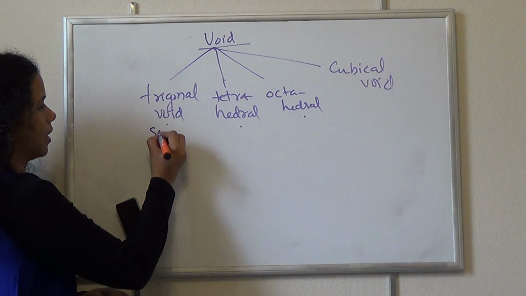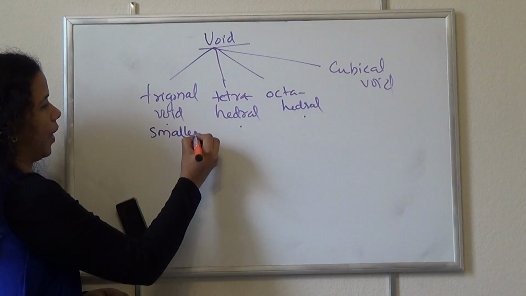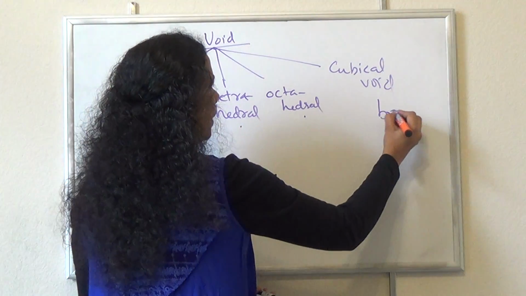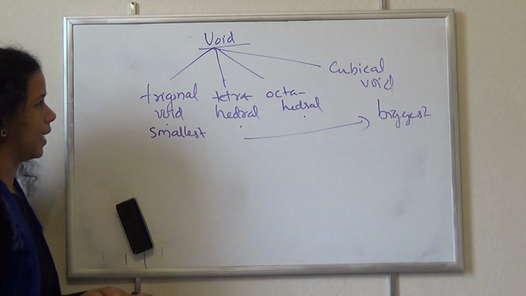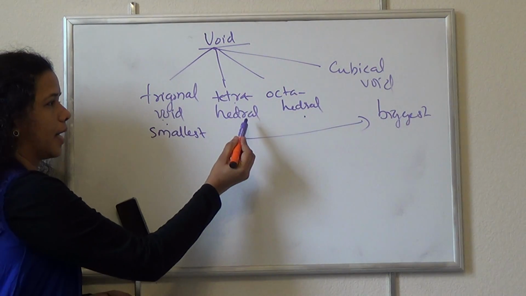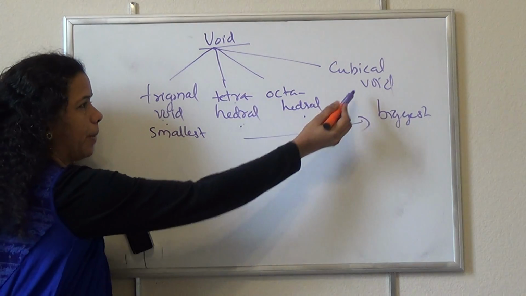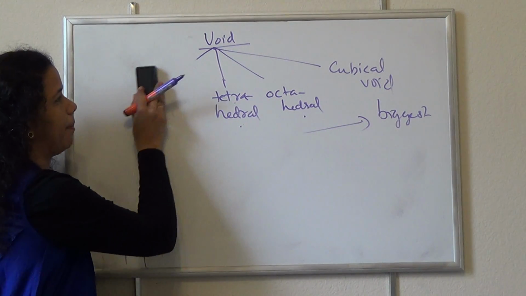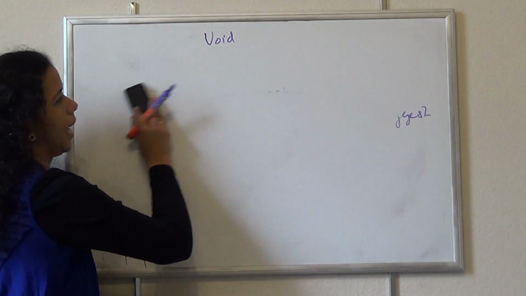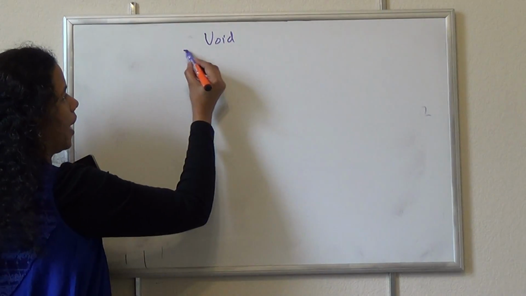This is the smallest void, and this is the biggest void. Like that, the size increases: trigonal void, tetrahedral void, octahedral void, cubical void. But here we are studying only 2 types of void, that is tetrahedral and the octahedral void.